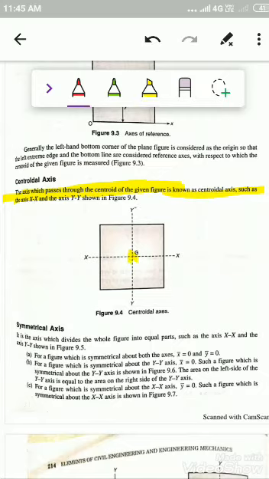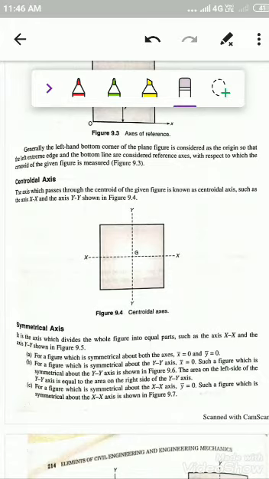The axes passing through the centroid, these x and y axes, we call centroidal axes. Clear? The reference axis is the one through which you find the centroidal value CG. The centroidal axis is the axis which is passing through the centroid of a given plane figure.